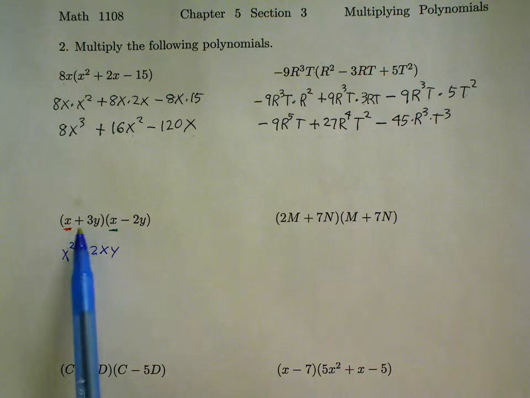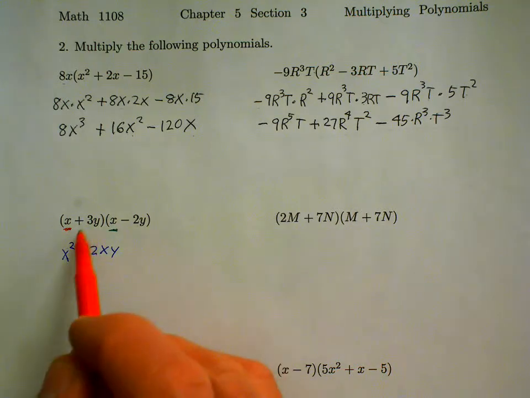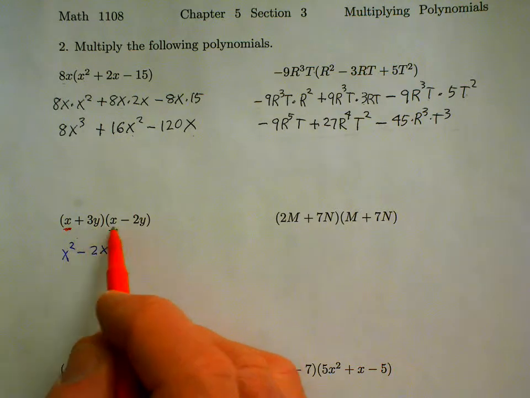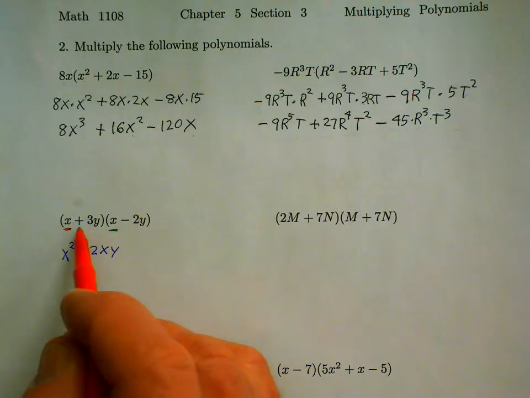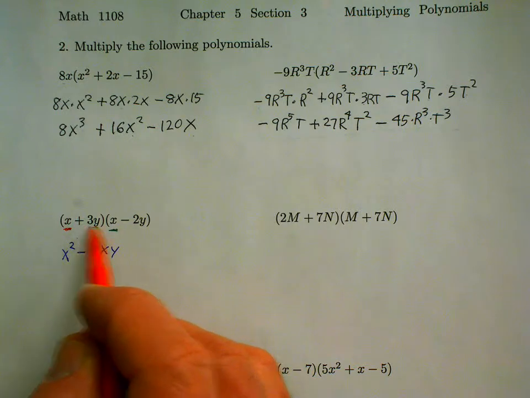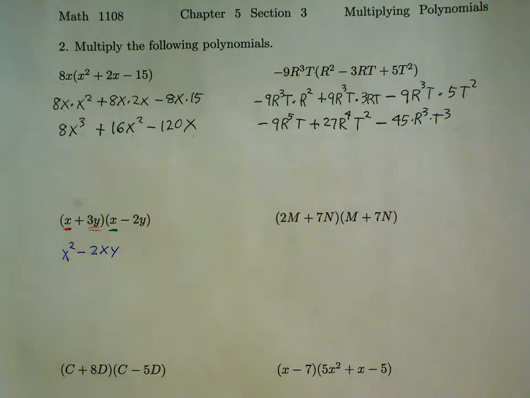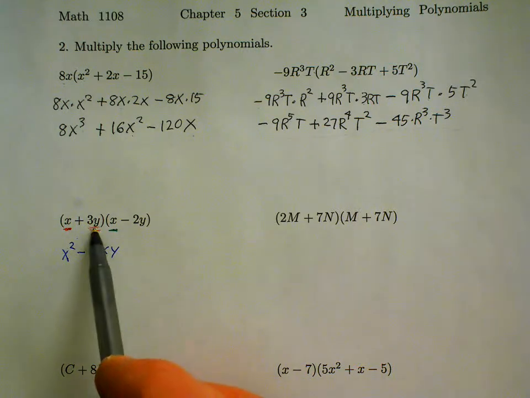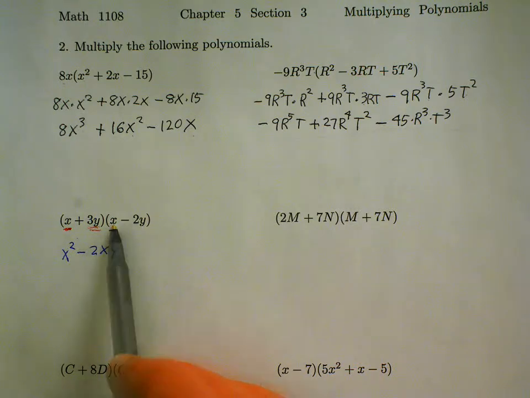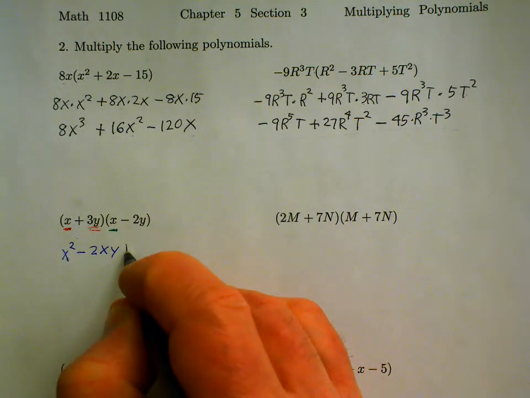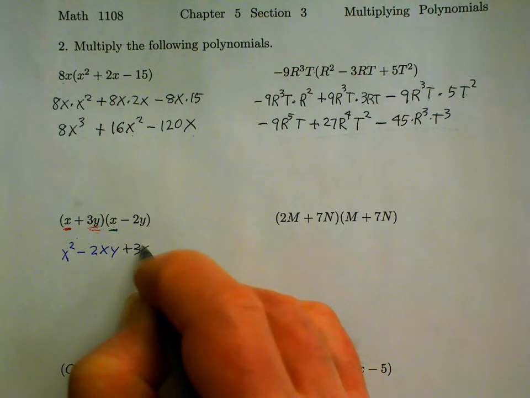Okay, then the other part, now we're going to distribute multiplication over x minus 2y by positive 3y. So then we get 3y times x. I'll write it as plus 3xy.